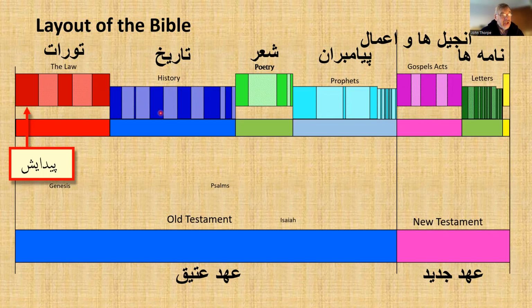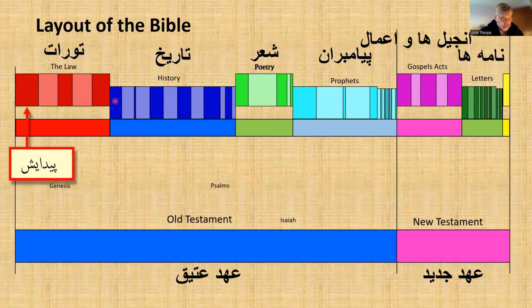Next section is history. It's the history of Israel from when they go into the land of Canaan up until the Persian period.